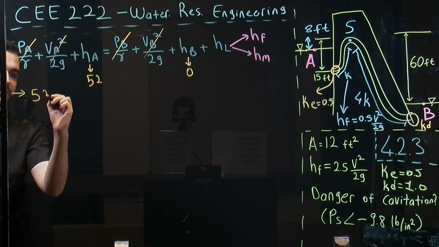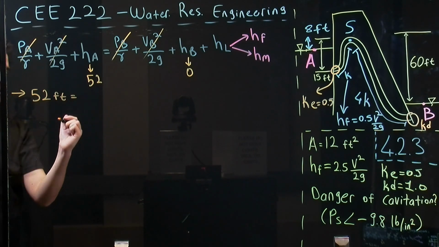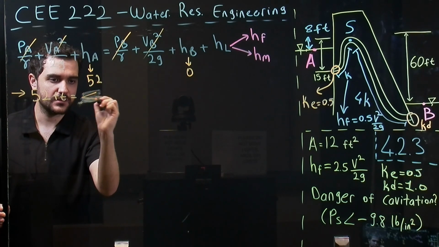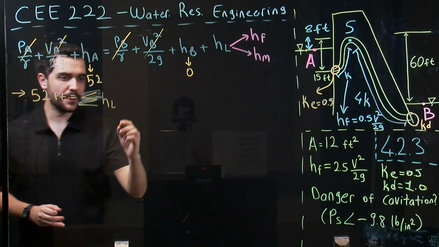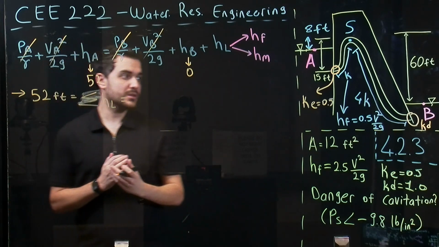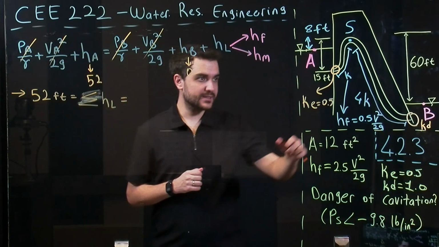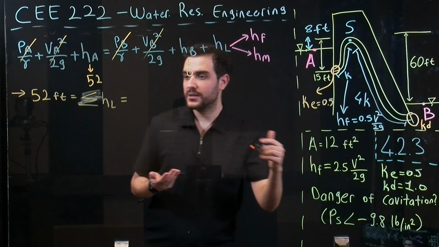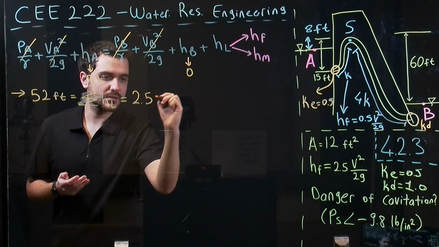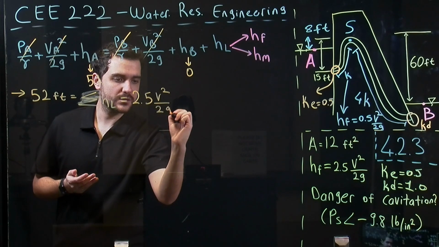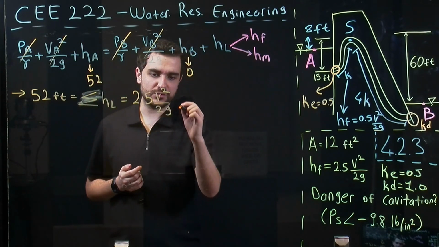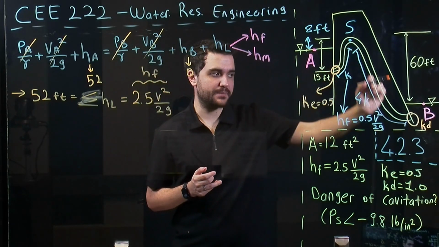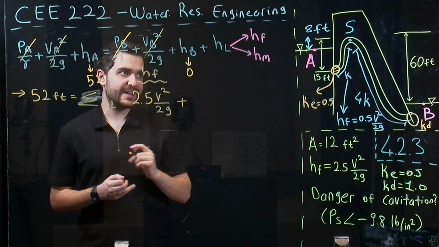So 52 feet is equal to total head loss. For frictional head loss, as you calculated, we had 2.5 times velocity head, so it will be 2.5 v square over 2g, and this is head loss for the entire pipe. And additionally, we will have minor losses.